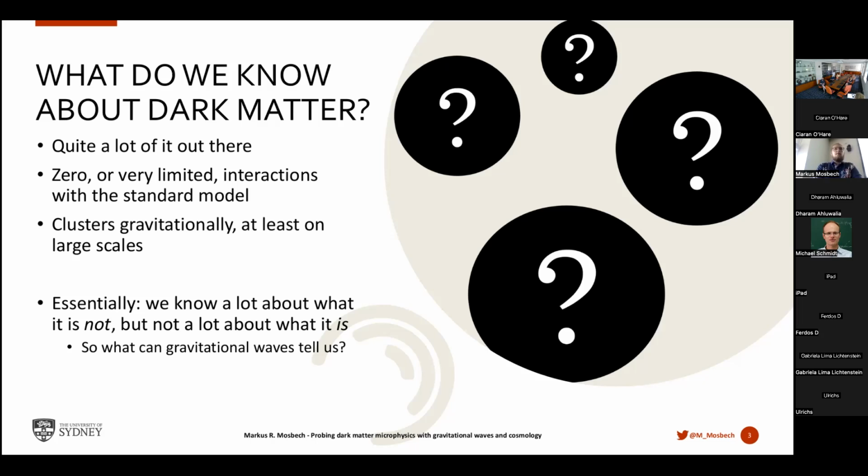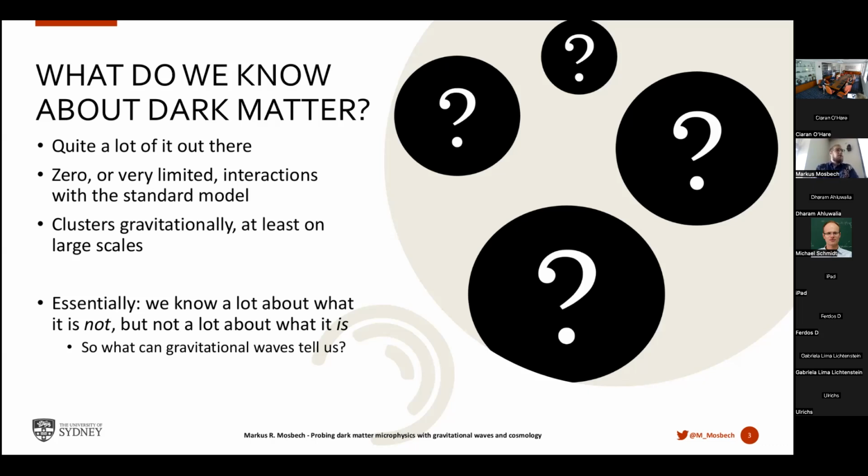And then, of course, we know it clusters gravitationally, at least on relatively large scales, which is how we know it exists. So we know a lot about what dark matter is not, but we don't know a lot about what dark matter actually is.